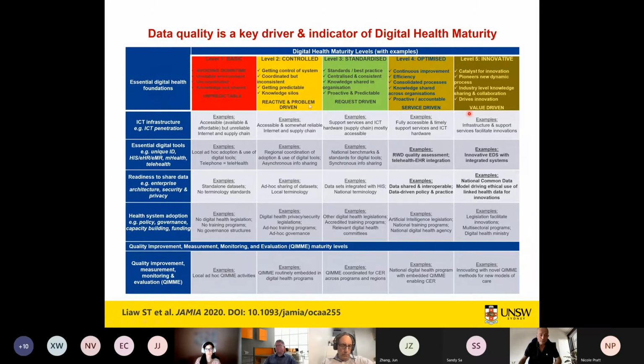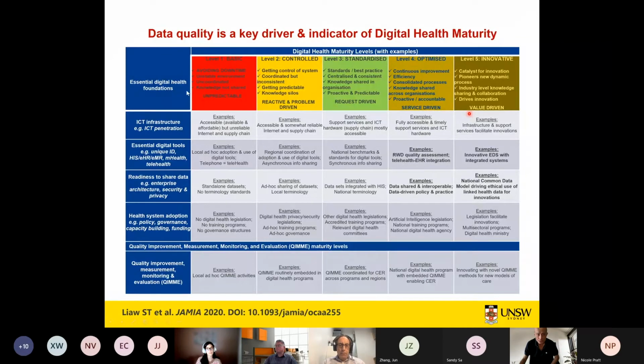Health informatics is an information-rich discipline and is driven by data. So in the digital health maturity framework that we use, we have 4 essential digital health foundations: ICT infrastructure, essential digital tools, readiness to share data, which is very relevant to what we'll be talking about today, and health system adoption.